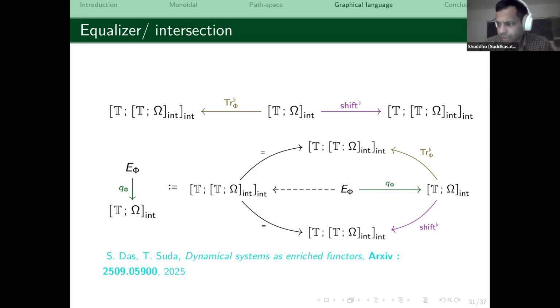What we can show, and this argument is purely diagrammatic, purely pictorial reasoning, free of context other than the assumptions on closed monoidal structure, is that any dynamical system on the phase space Ω can be embedded into the path space of Ω. And this is the image, which is the unique intersection of the shift dynamics and the transfer operator. So this has further consequences.